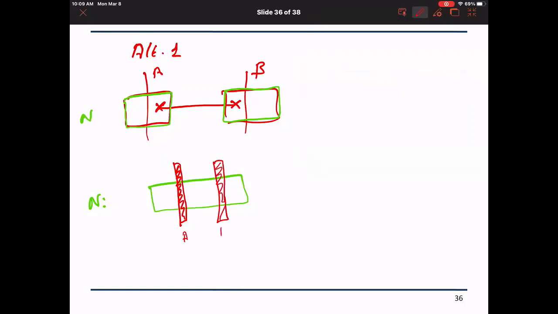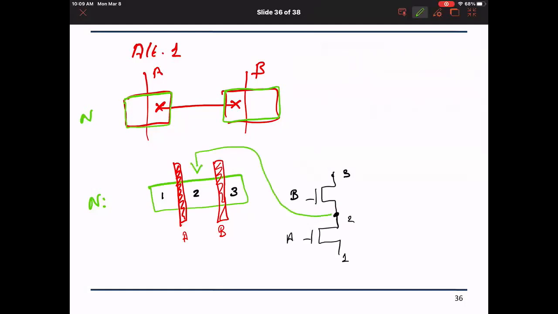What is the topology of those two transistors? If I want to draw the lower ones, what is this? If I call this node 1, 2, 3, transistor A between node 1 and 2, right? And transistor B is between node 2 and 3, right? Is that correct? How did I join node 2 in this phenomenon? How do I know that they are connected at node 2? Using the same diffusion. Using the same material, sharing the same material, right?